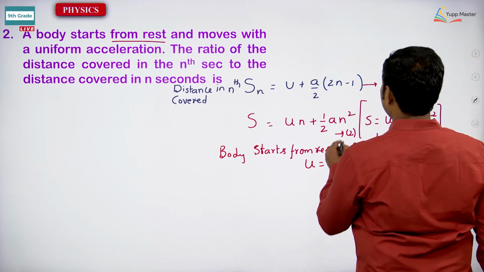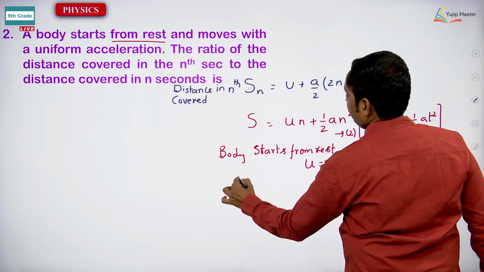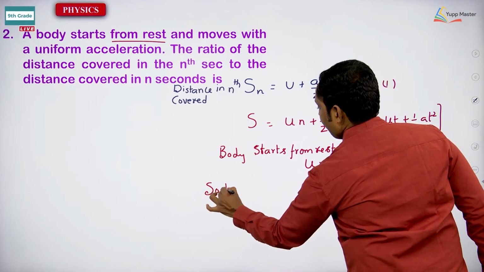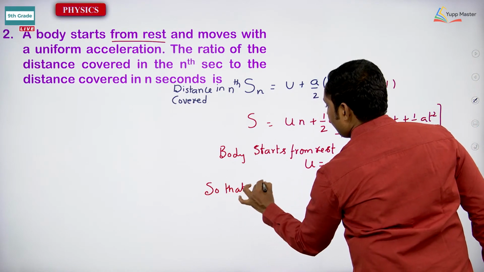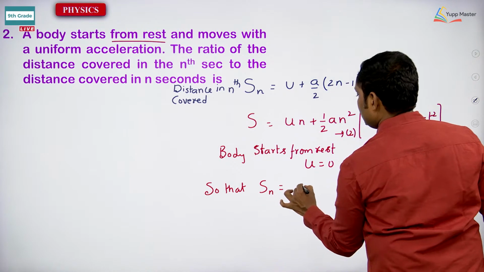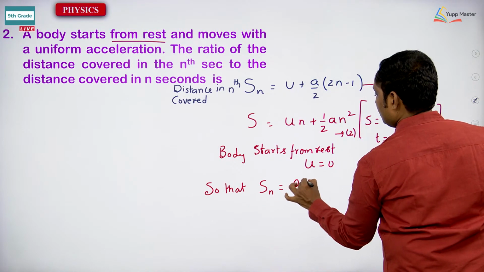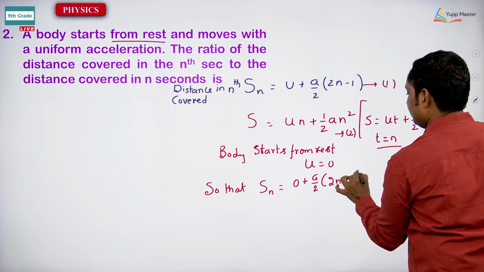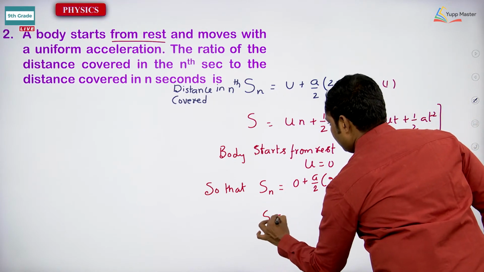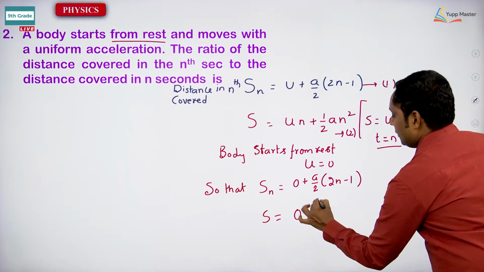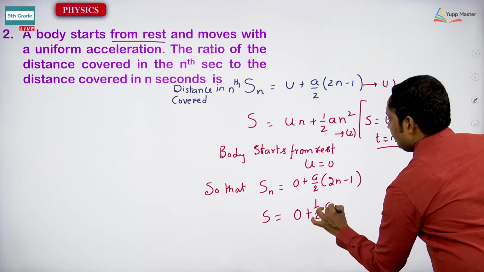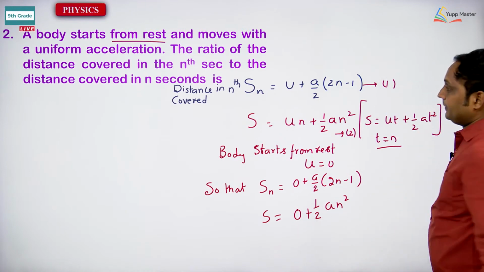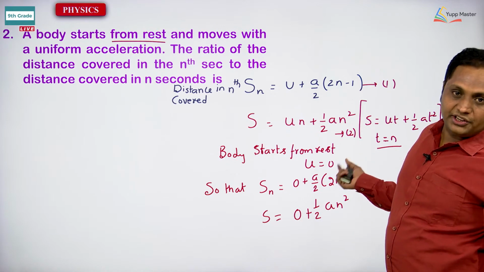Now, Sn is equal to 0 plus a by 2 into 2n minus 1. S is equal to 0 plus half a n square. You are going to find that ratio, that is enough.